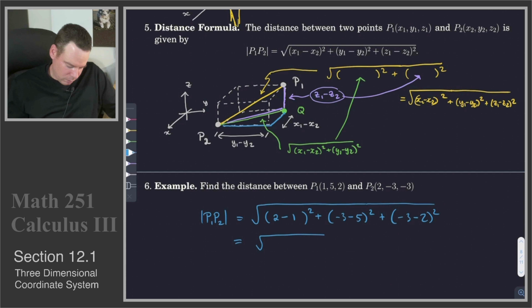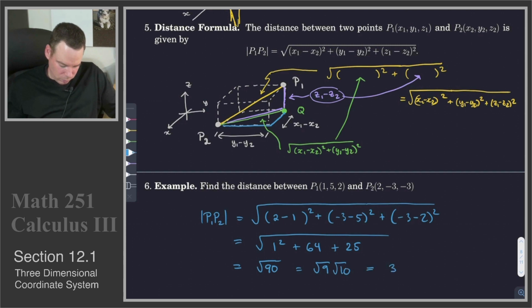Or in other words, it's the square root of 1 squared plus negative 8 squared, which is 64, plus negative 5 squared, which is 25. So that is 26 plus 64, which is root 90. Or in other words, root 9 times root 10, or 3 root 10 if we want to simplify it a little bit. And so there is the distance between those 2 points.